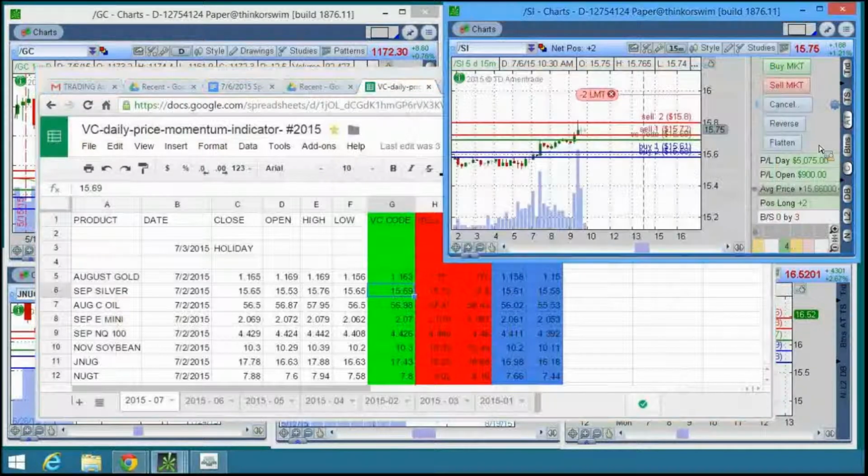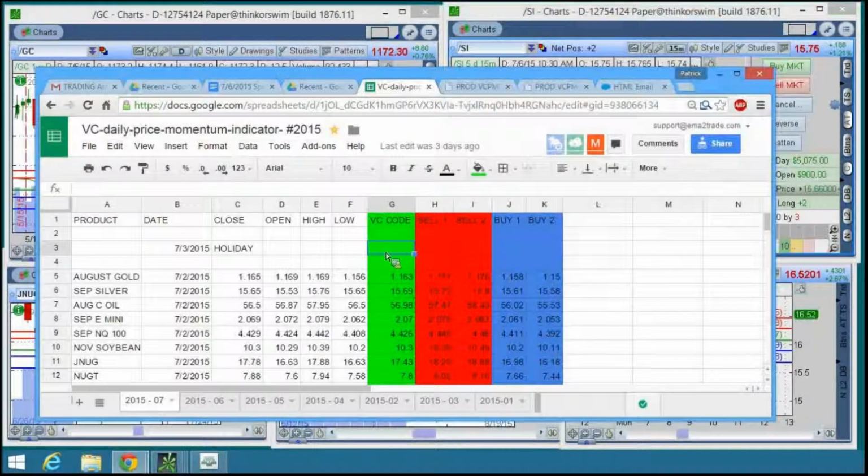And you see here in silver base, we liquidated 3 contracts out of 5 swing trades that we kept open, and we are still holding 2 contracts for a profit for the day of 5,075.